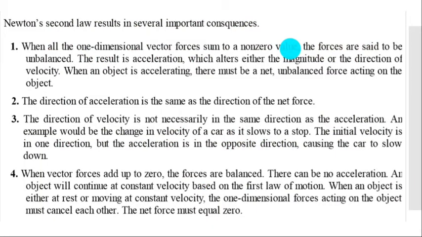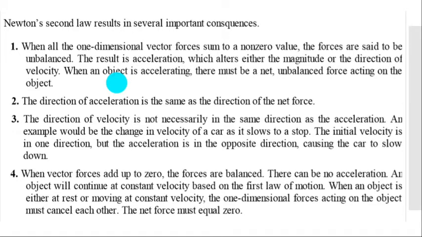Let's read together. Newton's second law results in several important consequences. Number one, when all one-dimensional vector forces sum to a non-zero value, the forces are said to be unbalanced. Here is the meaning of unbalanced again. When we add the forces, the answer is not zero.